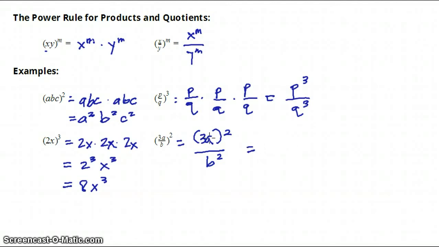And now I'm actually going to apply the power rule for products, and I'm going to say, well, 3a to the second power means I'm going to take 3 to the second power, which is 9, and a to the second power, which is just a to the second power, because I can't simplify that. And then the denominator, b to the second power, stays the same. So that's what this final simplification would look like here: 9a to the second power over b to the second power.